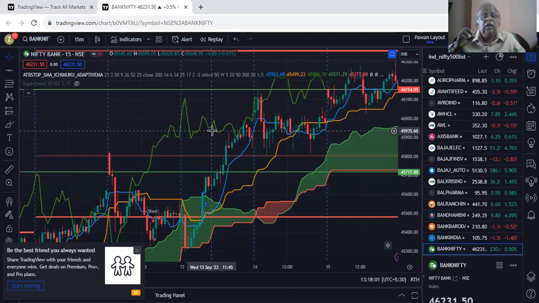So this is the second condition which I have just explained in case of Tenkan-sen and Kijun-sen crossover. And be in the trade till you see any bearishness or any type of negative signal by any other indicator if you are using with the Ichimoku.